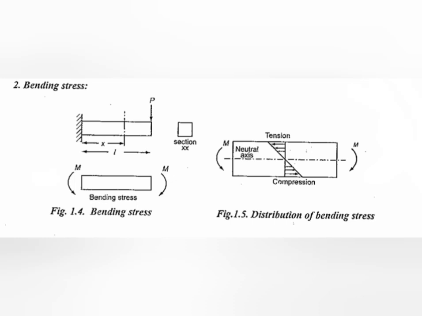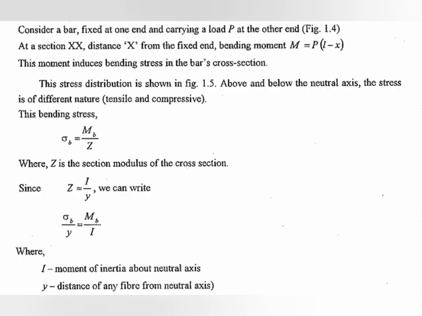If you imagine what happens when it bends, the top part will be in tension and the bottom part will be in compression. That's how stress is distributed in the member. The top part will have tension and the bottom part will have compression.